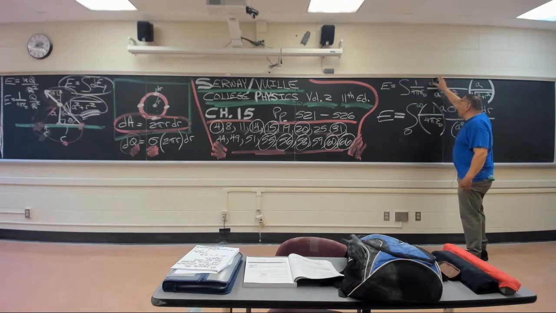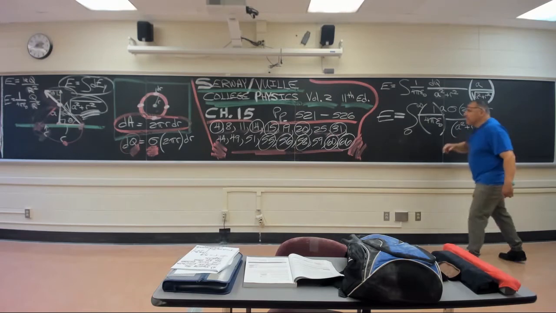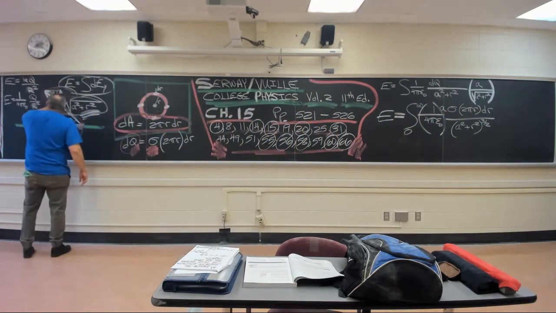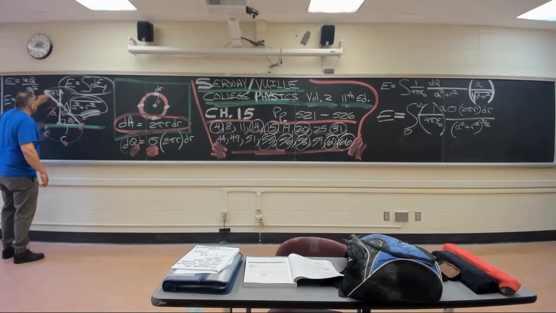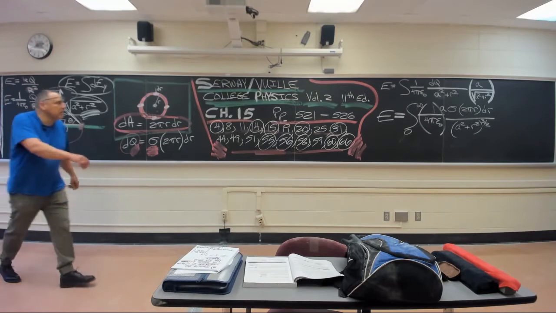Here's a q, dq to be exact, and here's an r squared, times the sine of the angle between them. The sine of theta, ladies and gentlemen, is this ratio, this size divided by that size, this leg divided by the hypotenuse. This leg divided by the hypotenuse is still the sine of theta. Sounds good to me.